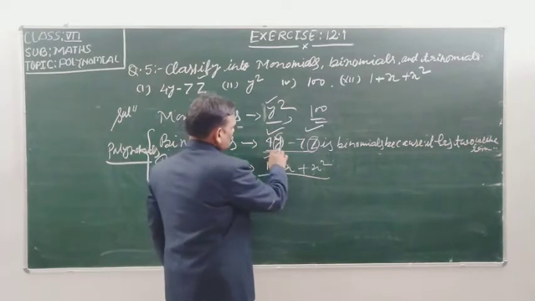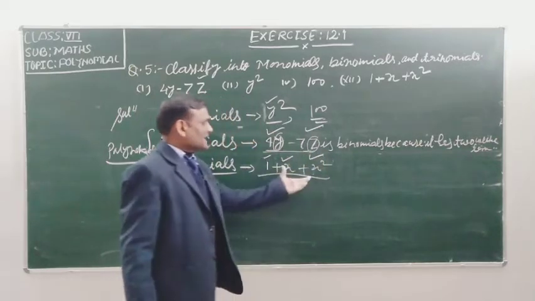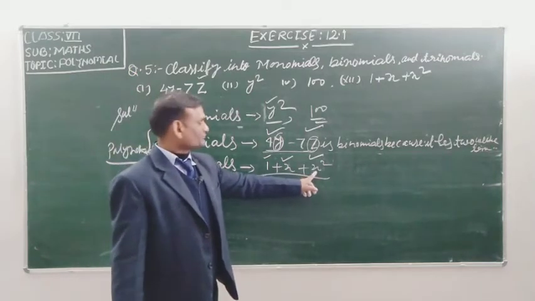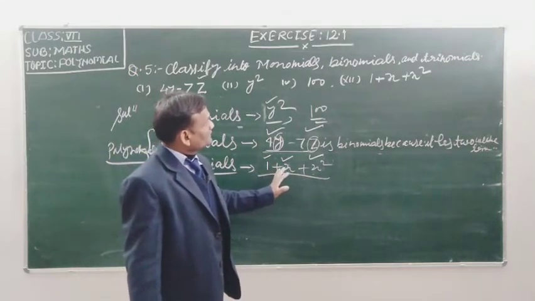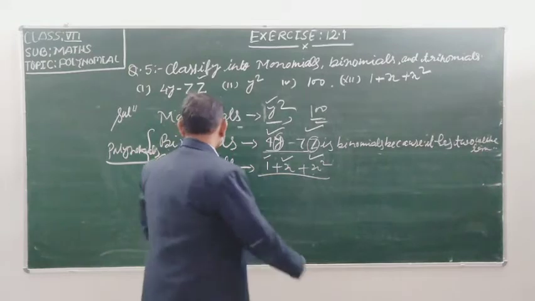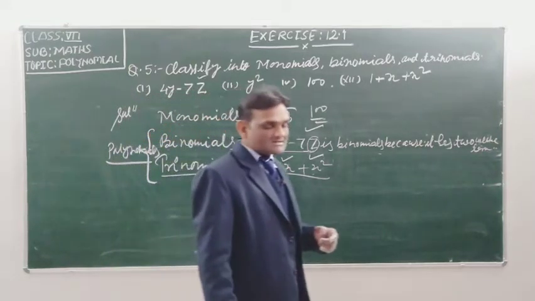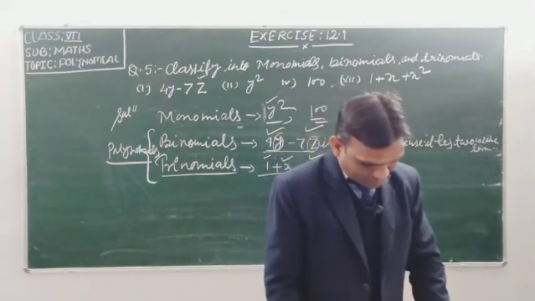Why? Because 1, 2 and 3, it has 3 terms. So it is called a trinomial.